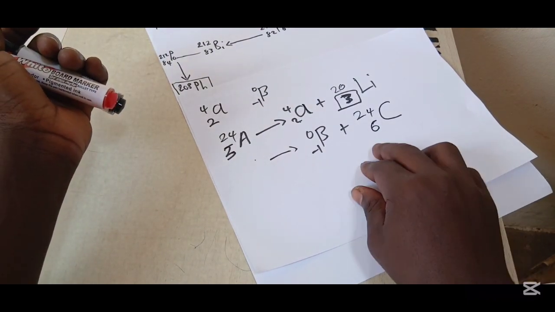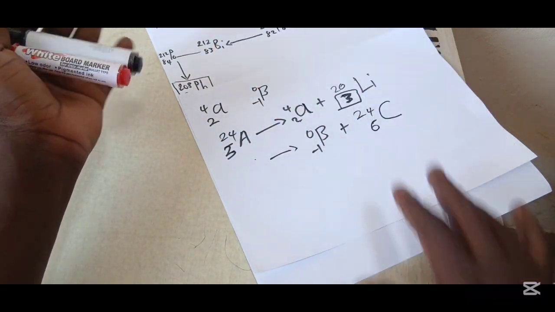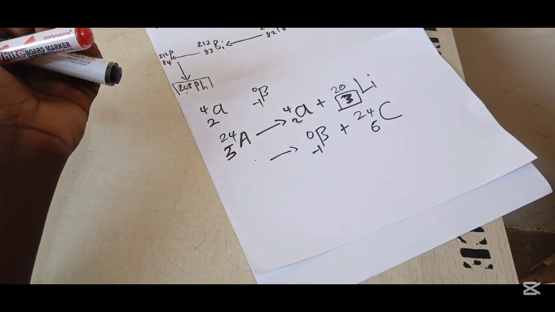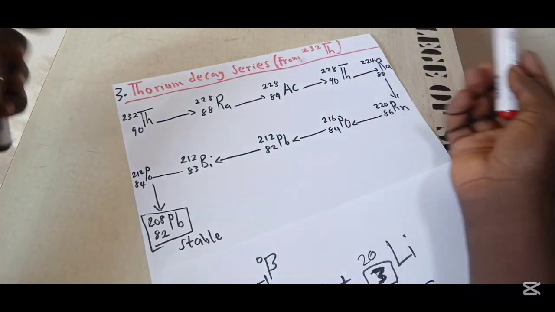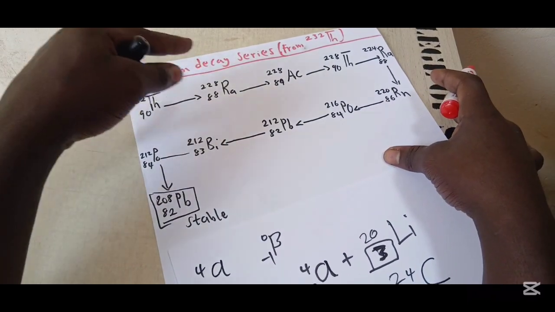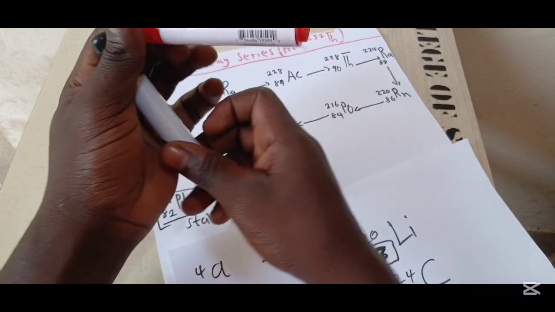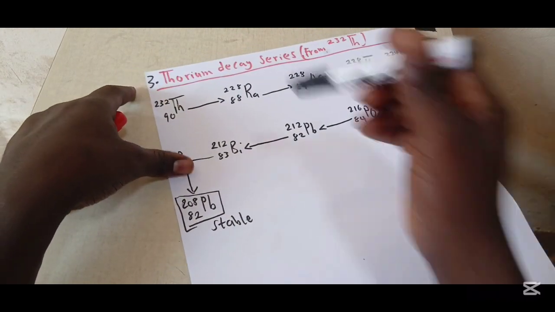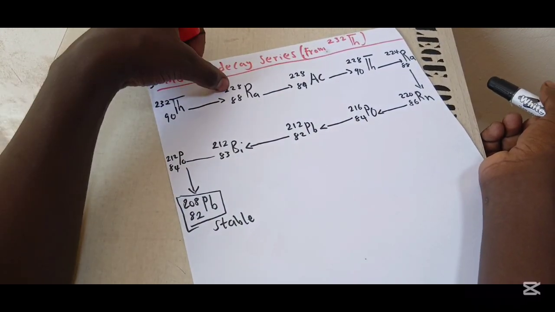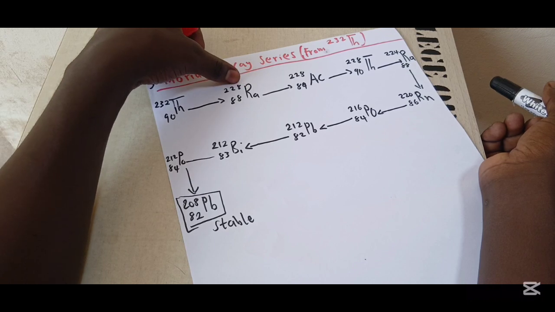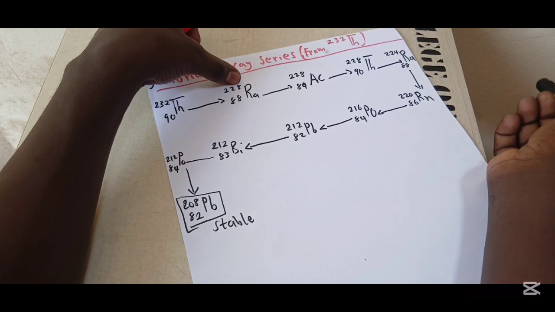So we are going to use this principle to fill out the spaces here. Looking at thorium, the thorium decay series starts from thorium-232. So just know that. We have 232 and here 228, which means a decrease in mass by 4.